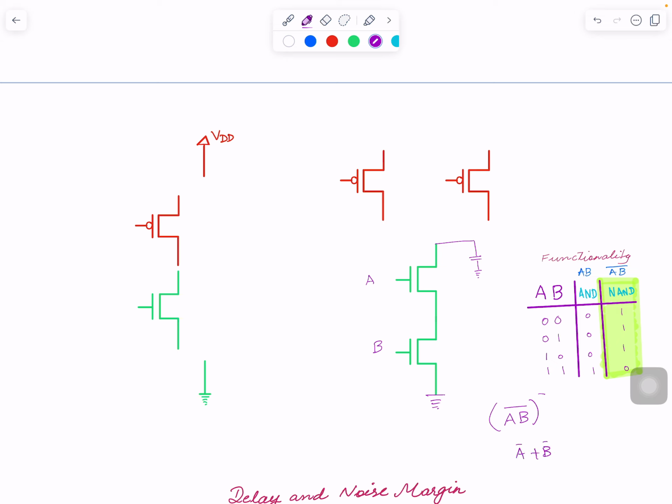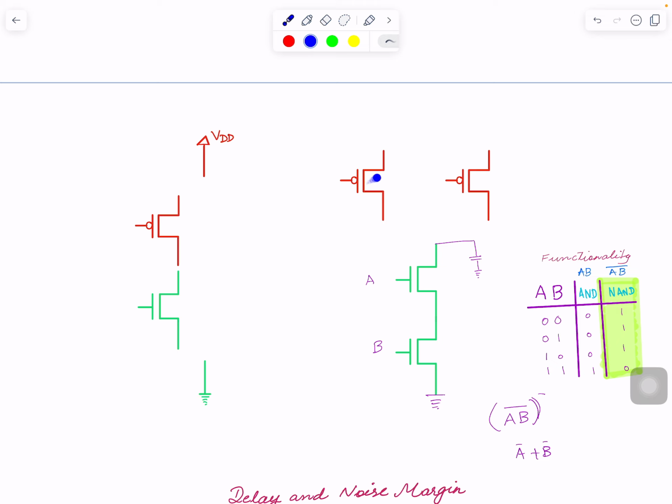Remember some of the theorems we studied in the combinational circuit? When you take a complement of this whole thing, because it's a complementary CMOS, you open it like the complement of first plus complement of the B. A plus B. This means A and B are in OR. Either this or this, I mean they are in parallel. And this complement on top indicates that it is a PMOS.